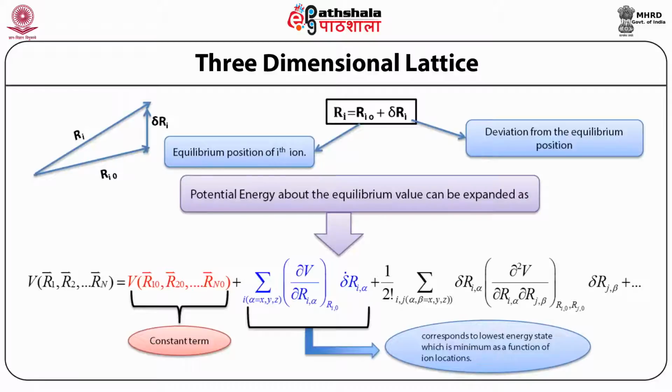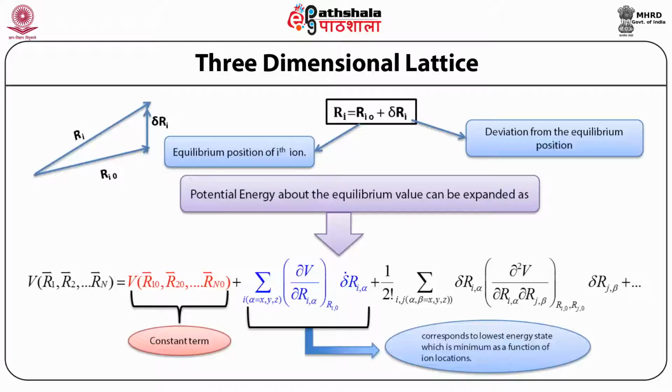So the total potential V as a function of R1, R2 till Rn is equal to, first, the value at the equilibrium position V of R10, R20 till Rn0, plus the first term, the partial derivative of the potential with respect to Ri alpha multiplied by delta Ri alpha. Here alpha indicates the three directions x, y, and z, while i represents which ion it is, the first ion, the second ion, and so on.